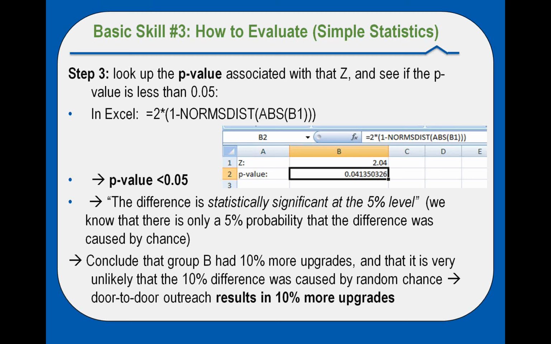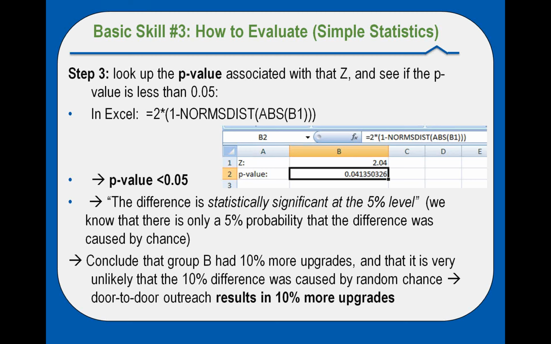So if you had the phone people and the door-to-door people, again, group A and group B, and there's a difference of 5%, with 250 people in each group you could actually detect that difference and say that it's statistically significant.